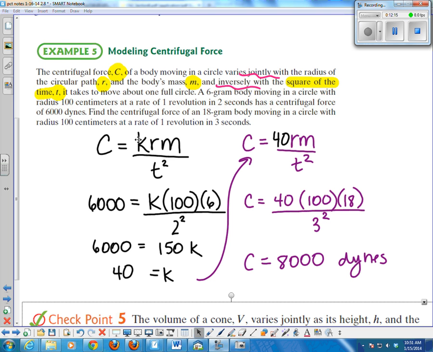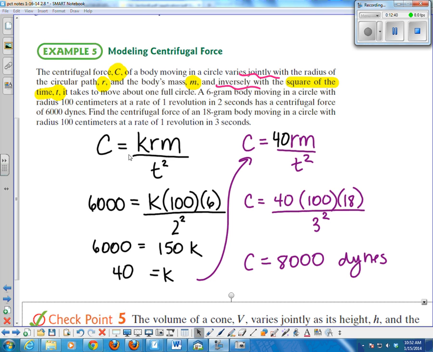We need that K here, always the K here on top, as the radius and the mass, okay, those are direct variants, and inversely as, so we need the fraction bar here, inversely as the square of the time, so t squared in the denominator, okay? So 1, 2, 3, really 4 variables. This is a joint variation.